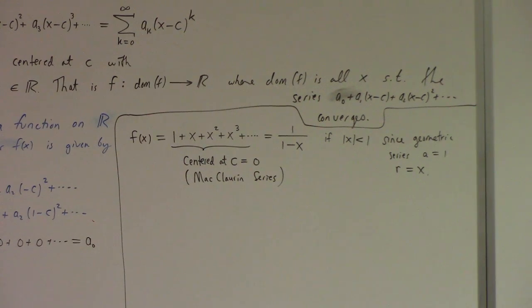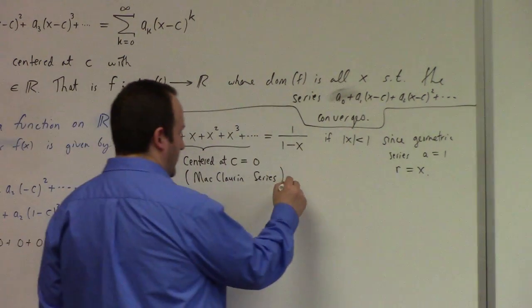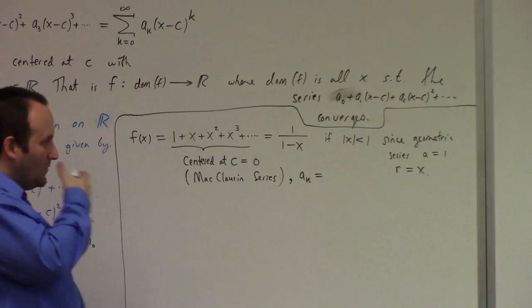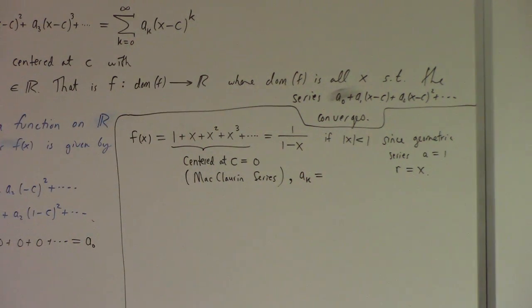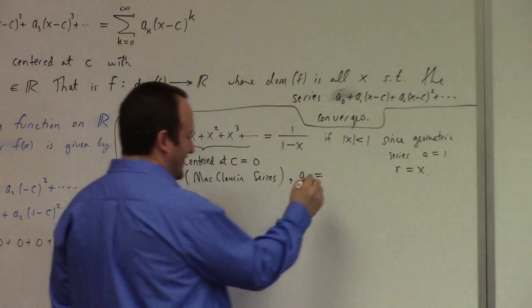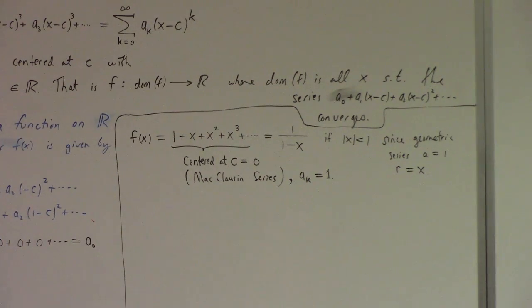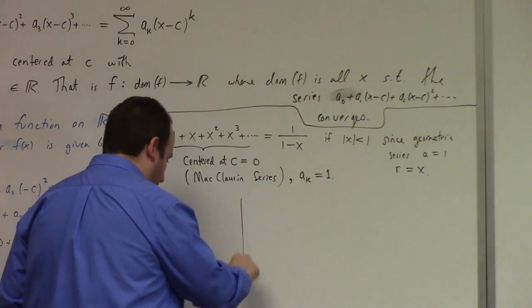Let's see, what then? Also, what are the coefficients in this series? They're kind of boring, aren't they? For what it's worth, a sub k is what? Yeah, it's just 1. 1's all the way down. And yet it's an interesting power series.